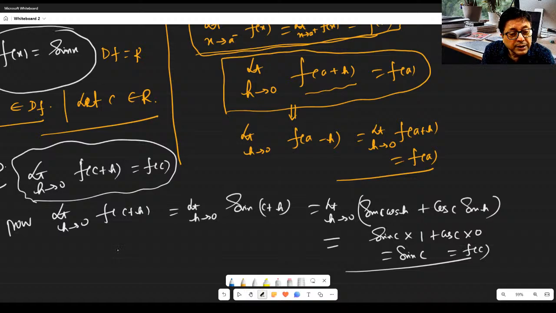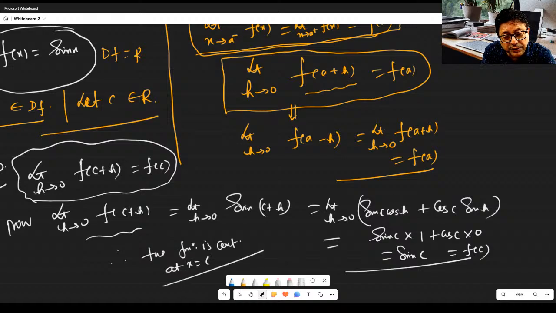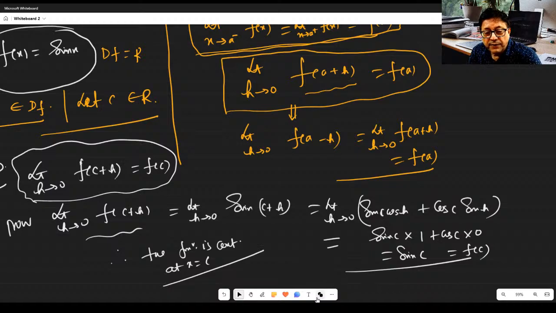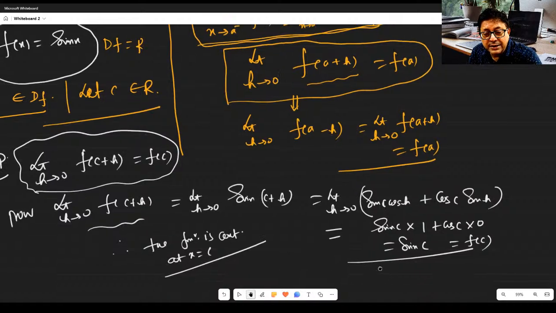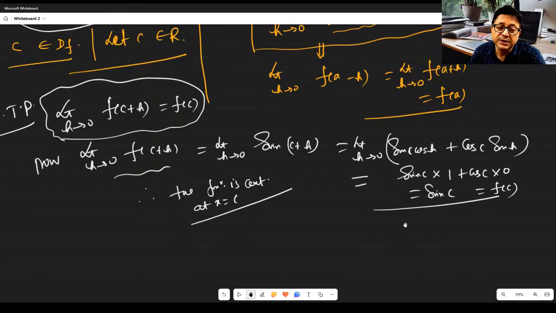Therefore, this limiting value is equal to the functional value. Therefore, the function is continuous at x equal to c. Clear? The function is continuous at x equal to c. It is done.